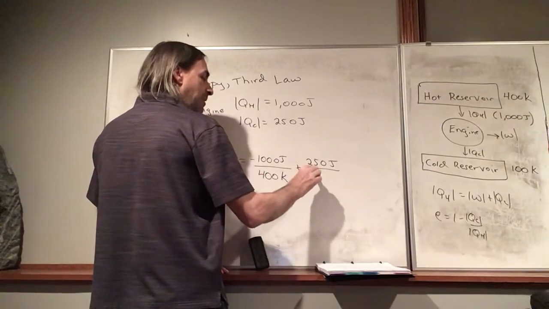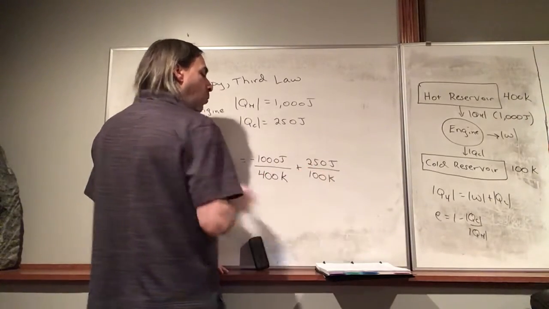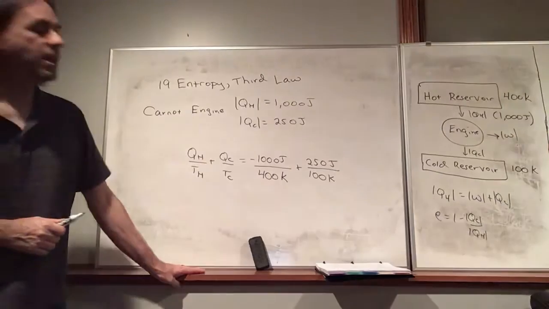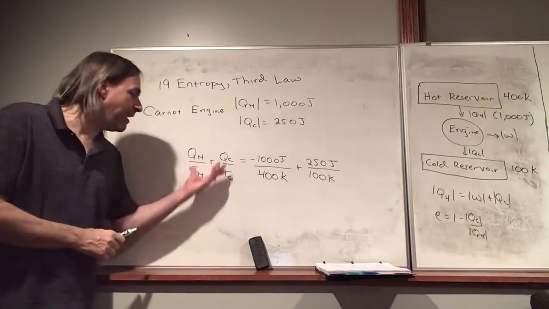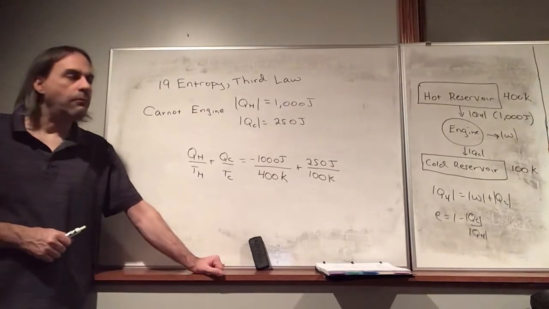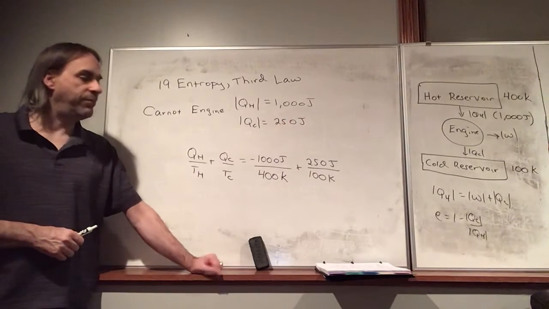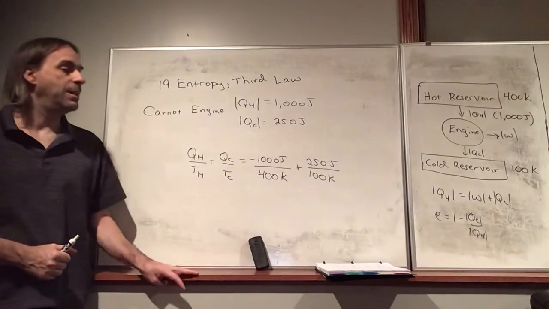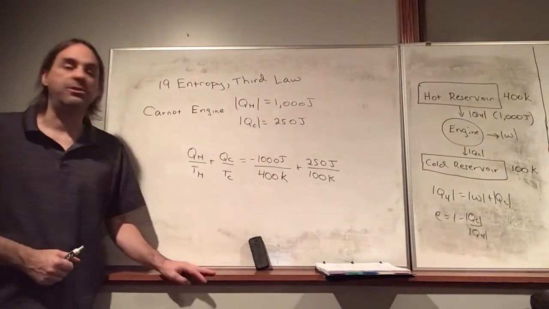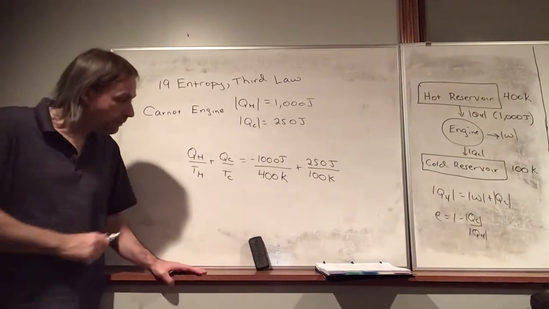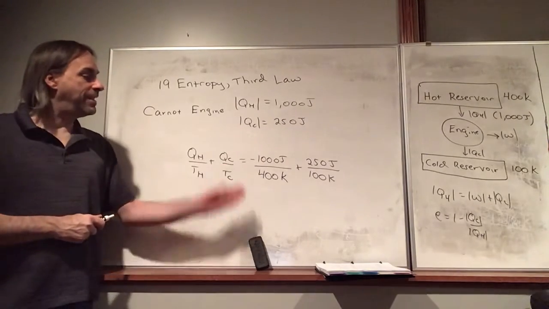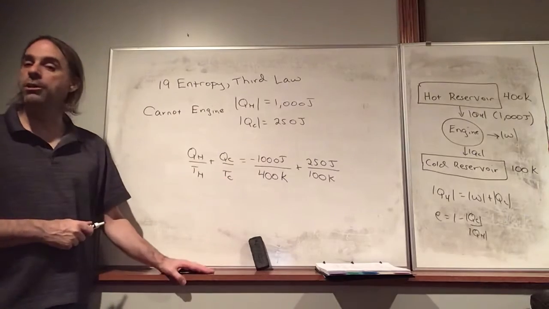We divide by TC, which is 100 Kelvin. So we're calculating this quantity. And again, why are we doing this? Well, we're going to do it a few times and just see the result of it. Okay.